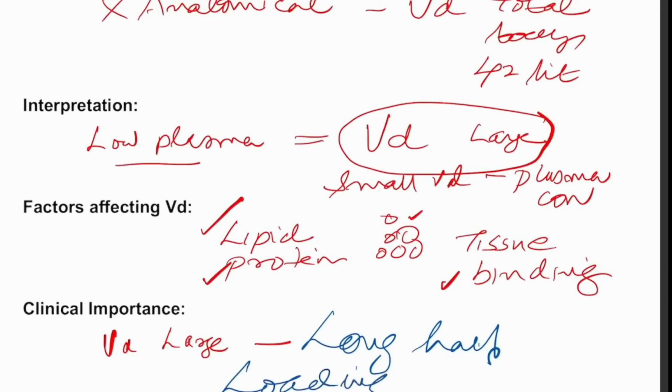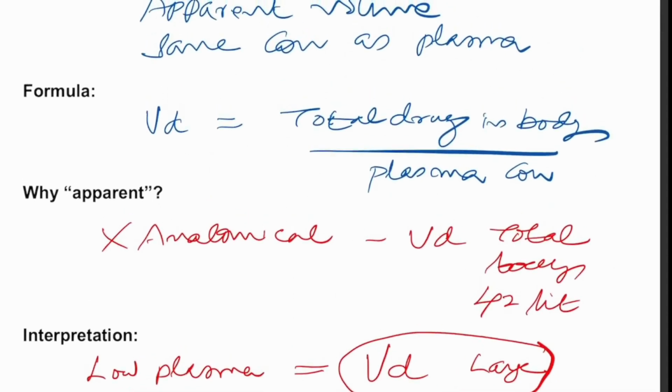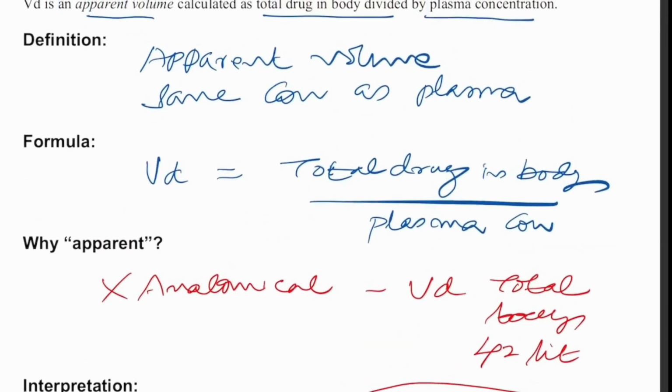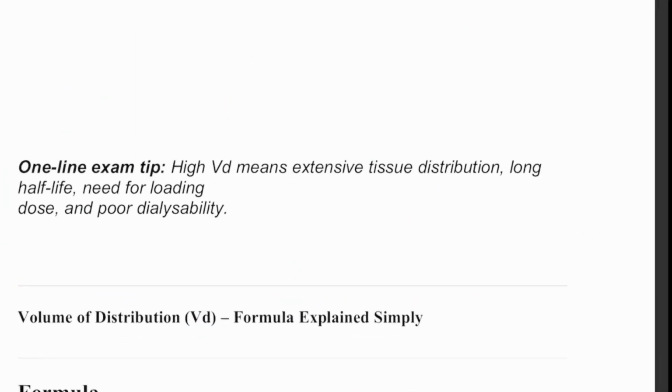So which type of drug requires a loading dose? When the volume of distribution is high. So this is the important point that we have already mentioned. Remember, the volume of distribution is calculated by total drug in the body divided by the plasma concentration.